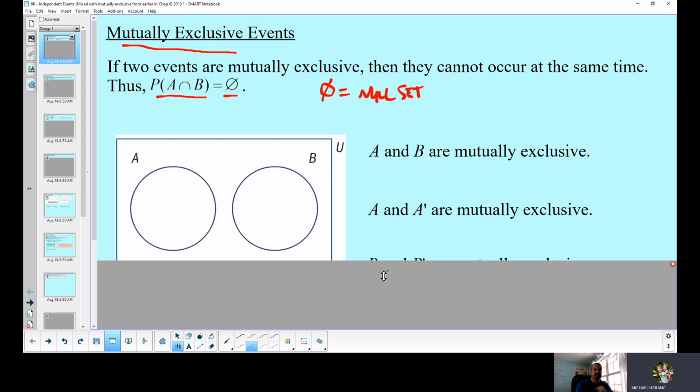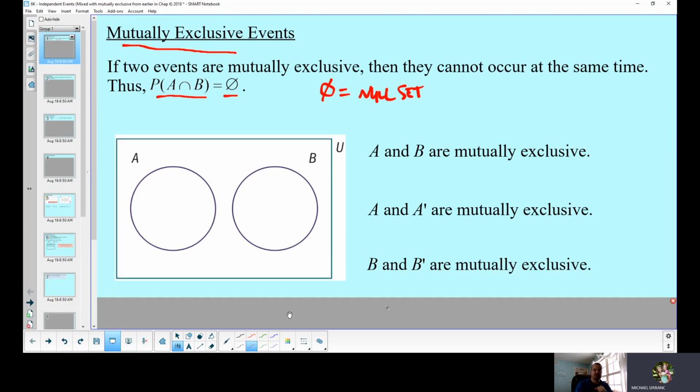So in this particular instance, if you have mutually exclusive events, they do not have an intersection. So there is no overlap between event A and event B occurring. If you have a drawing like this in your Venn diagram, you say that A and B are mutually exclusive.